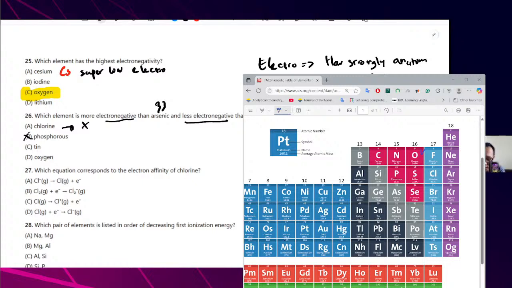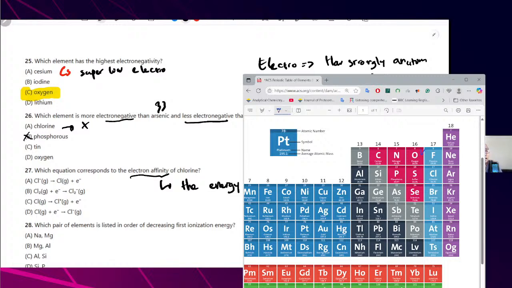And then again, number 27. Which equation corresponds to the electron affinity of chlorine? Okay, so electron affinity, what's the meaning of electron affinity? Affinity is the energy when an atom gains an electron.